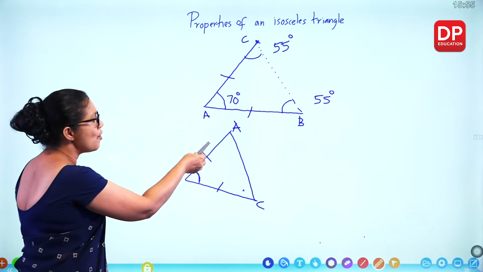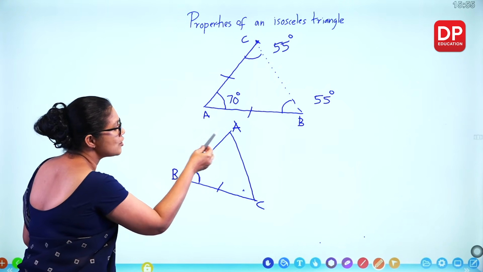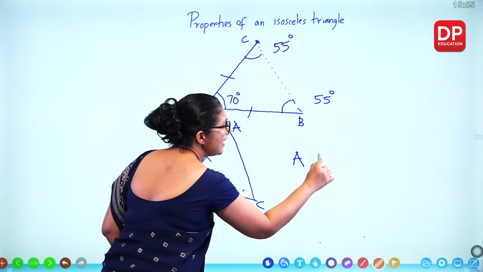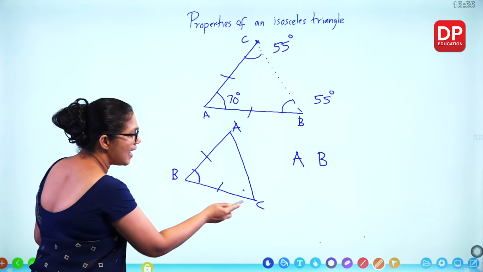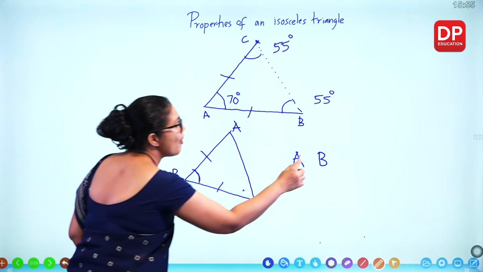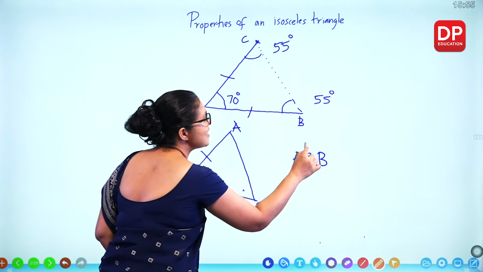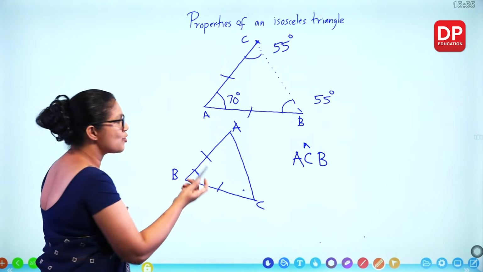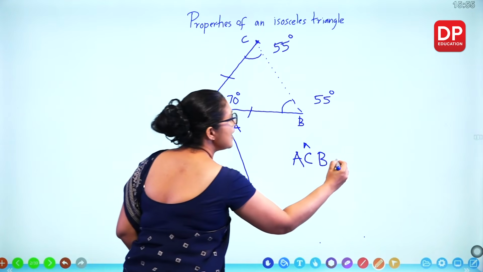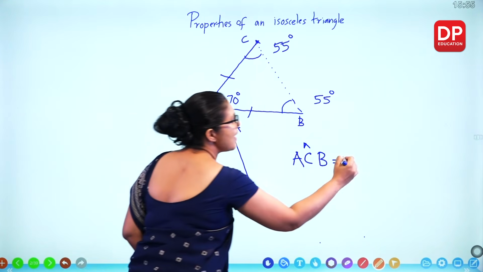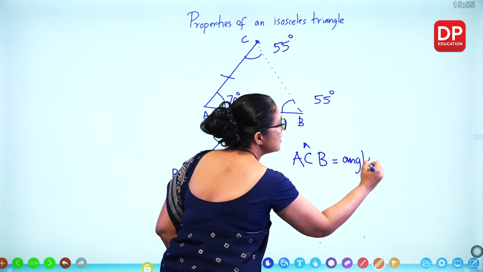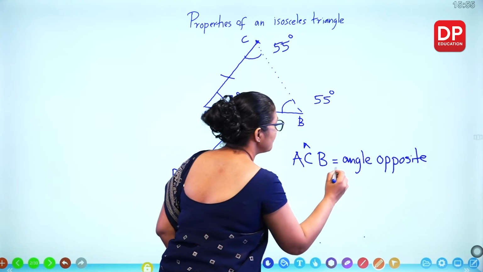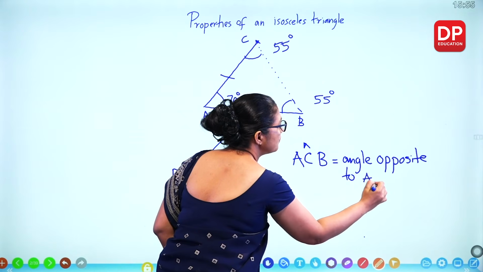If you want to find the opposite angle to this one, you write the line with a gap and include the other point inside. So what's the angle opposite to the equal side? Opposite to AB, we can say ACB. So we write angle ACB opposite to AB.